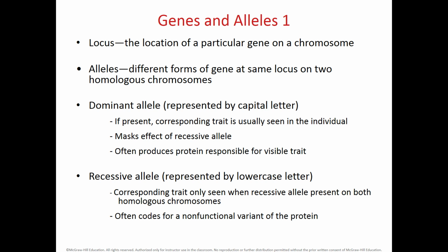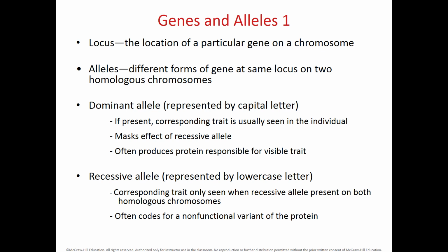Dominant alleles are represented by a capital letter. And then you can have another allele that is called recessive, represented by a lowercase letter. When someone has a recessive allele and a dominant allele, the recessive allele coding for a trait is not going to be shown.